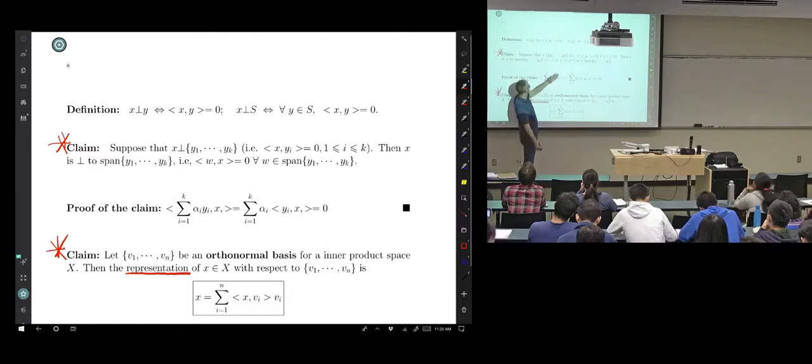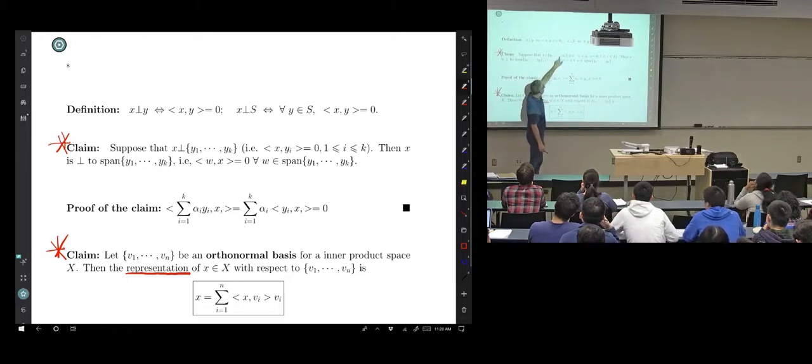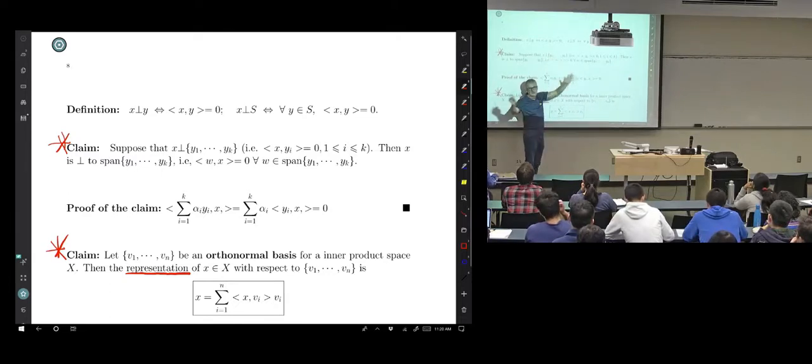Why is that true? Well, something in the span is just a linear combination of these things, okay? So suppose W is a linear combination of these guys. Just write it out, and then you're going to get x with a coefficient out in front, but x inner product with any of these elements is 0. Okay?